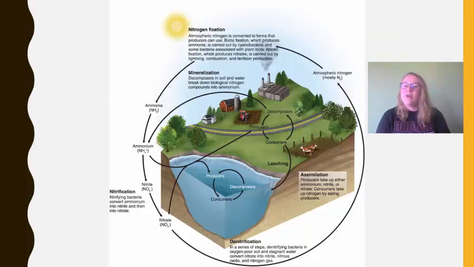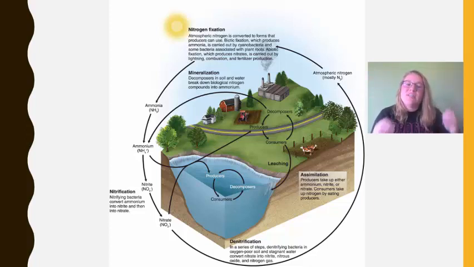When we look at a diagram of the nitrogen cycle, again, the key process that I think you really need to pay attention to is nitrogen fixation. College Board specifically pulls that out and says you need to know it. So I'm telling you now, you need to know it. And that's converting the abundant N2 nitrogen gas into a form that can be used by producers, which are plants.